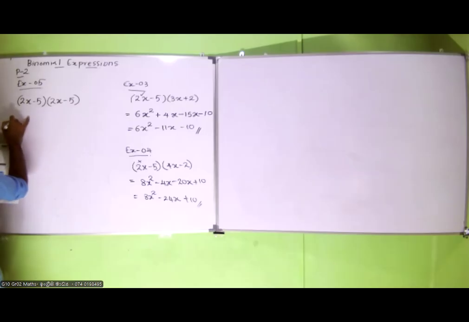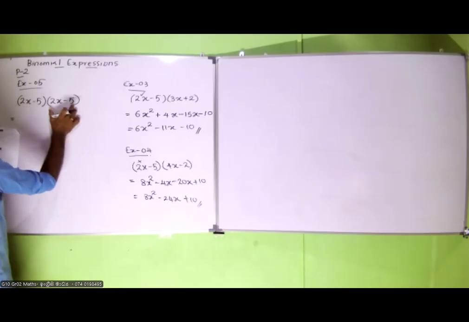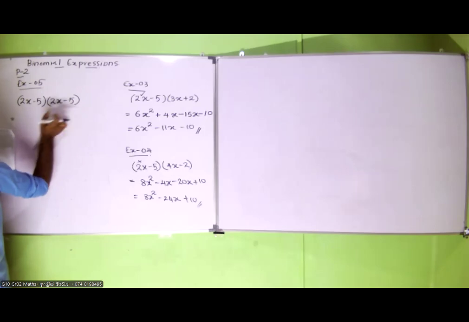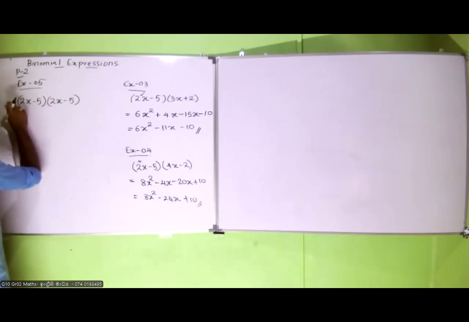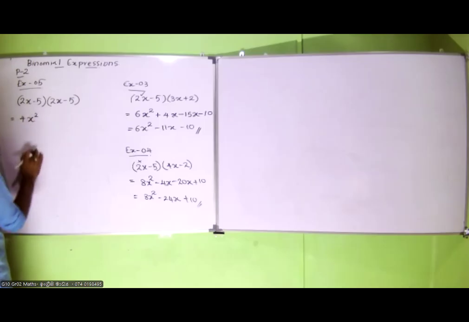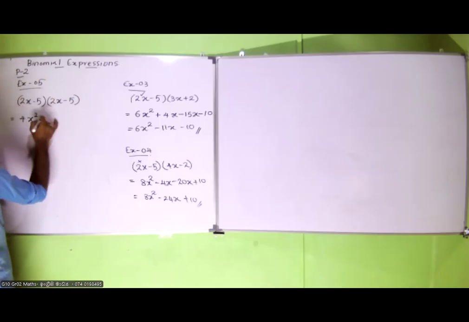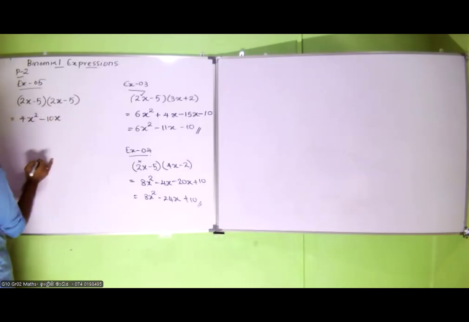So you have to deal with this term and this parenthesis, this term and this one separately. Positive into positive, positive, 2 times 2, 4, x times x, x squared. Positive into negative, negative, 2 times 5, 10, 10x.